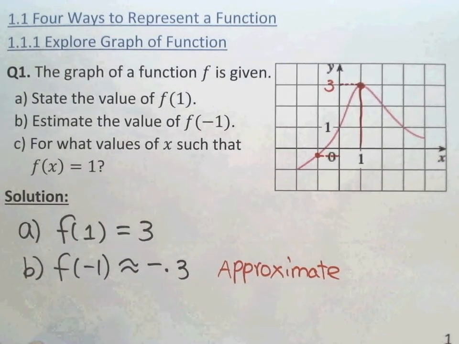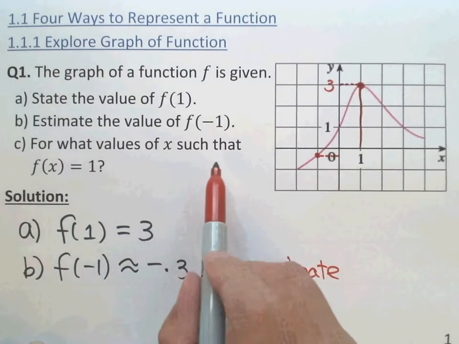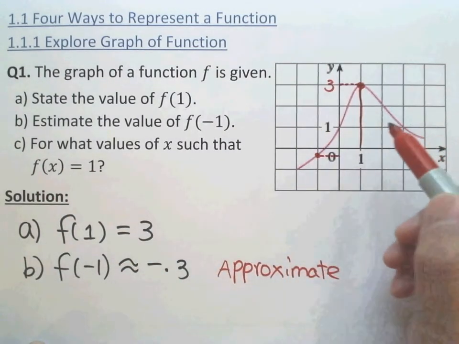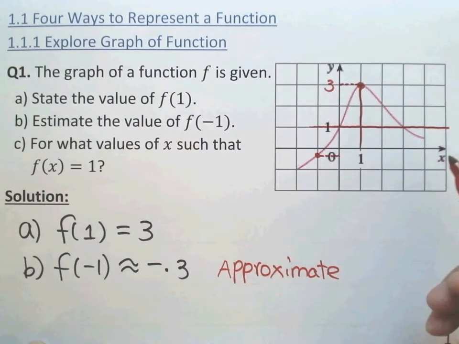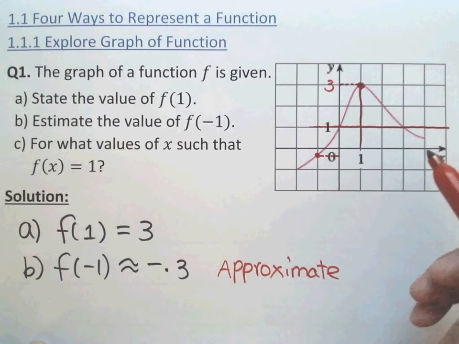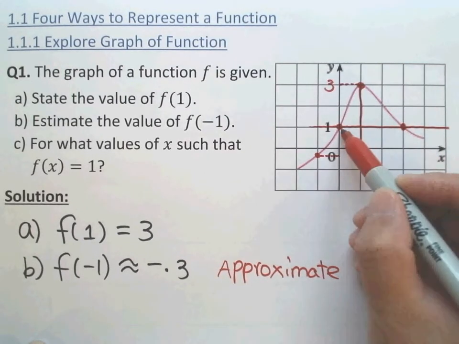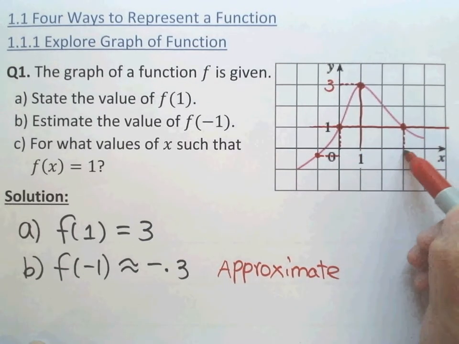Look at the third question. For what value of x is f(x) equals 1? f(x) equals 1 means what? We draw a horizontal line, y equals 1. You find 2 points. So look at the x. Here is 0. What is here? Here is 3, right? 1, 2, 3.